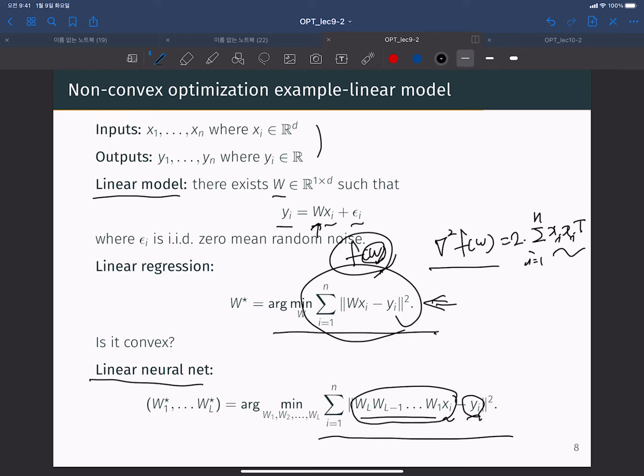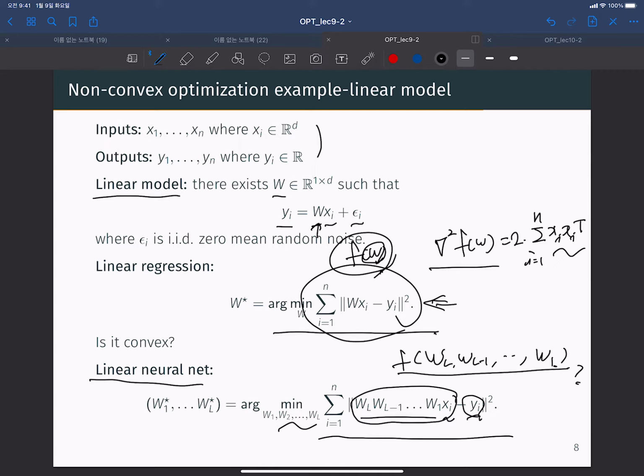So the squared norm of WL times WL minus 1 up to W1 xi minus yi is the distance between the linear neural net output and the true labels, and we want to minimize this distance.